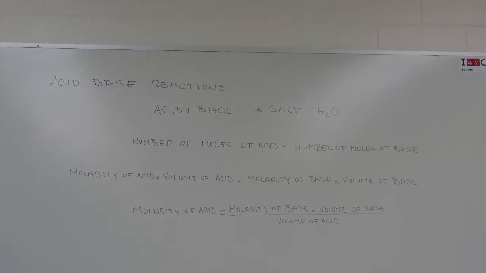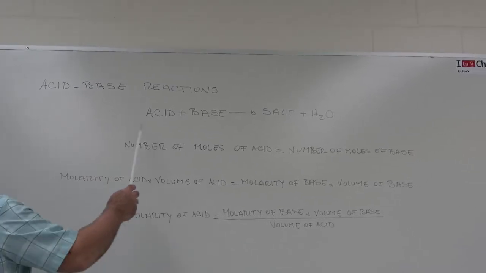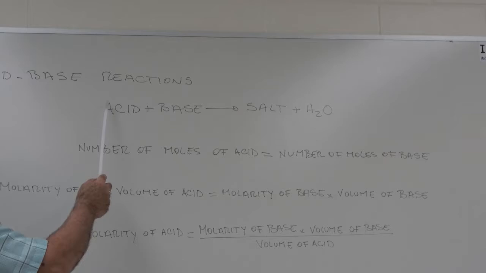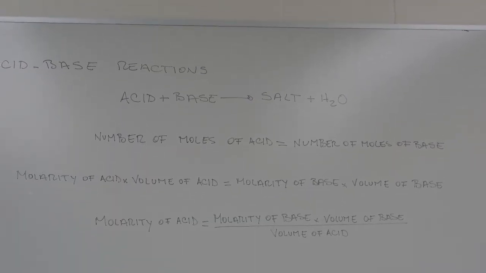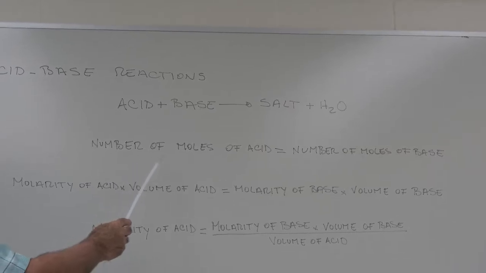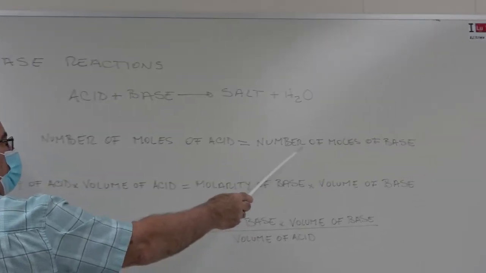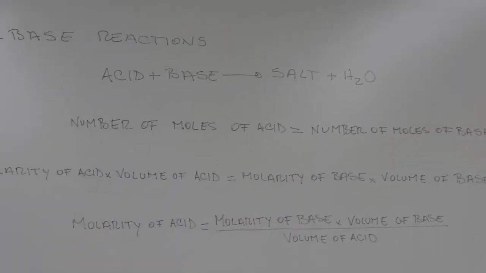Therefore, when the base consumes all the acid in the vinegar sample, the number of moles of acid is going to be equal to the number of moles of base.